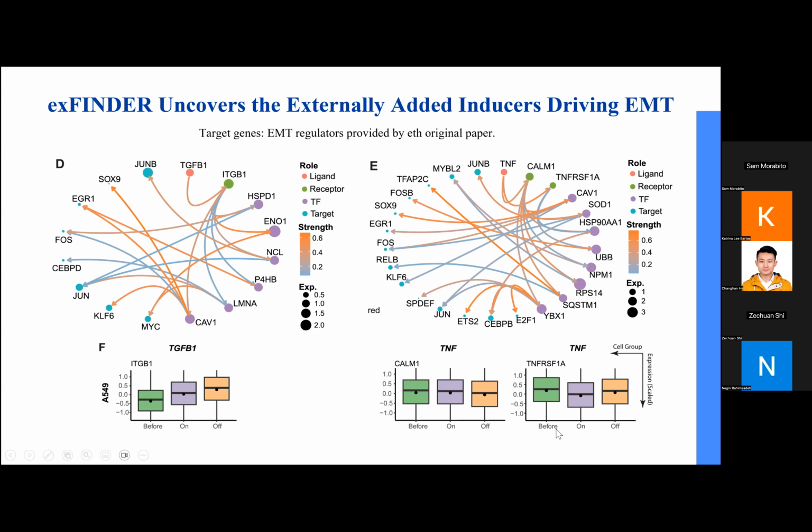For the rest of the 2, they are relatively stable, so it's not very easy to tell the difference. But at least exFINDER was able to identify this external signal and infer the corresponding signaling network. So these are the main parts of the paper.